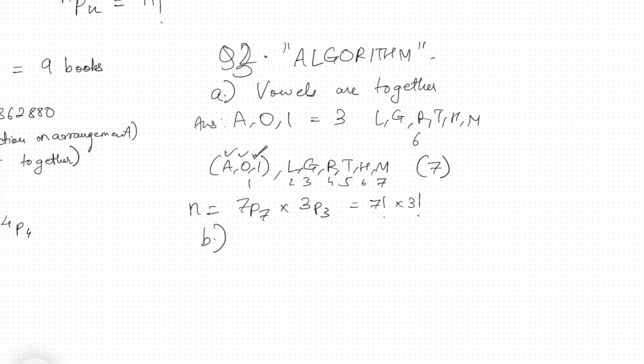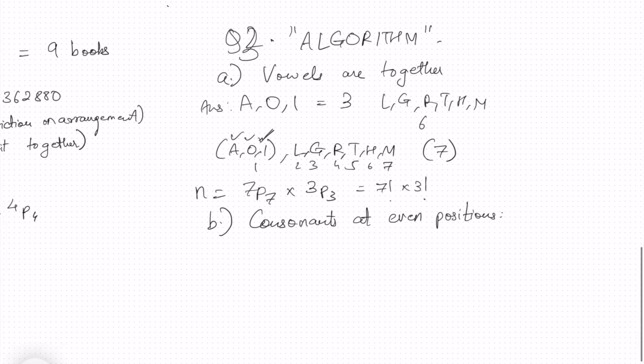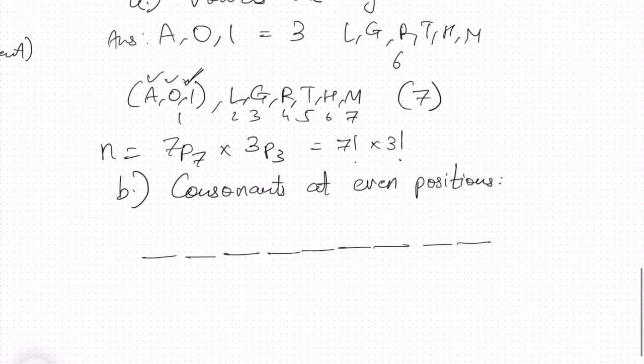Another case is if consonants are at even positions. So now we can look at it by making a space diagram like this. There's 9 letters.